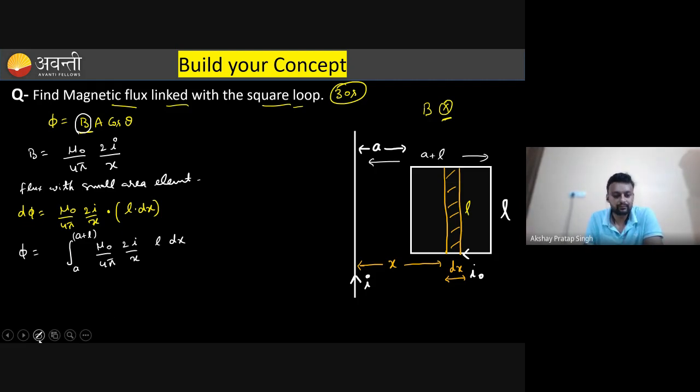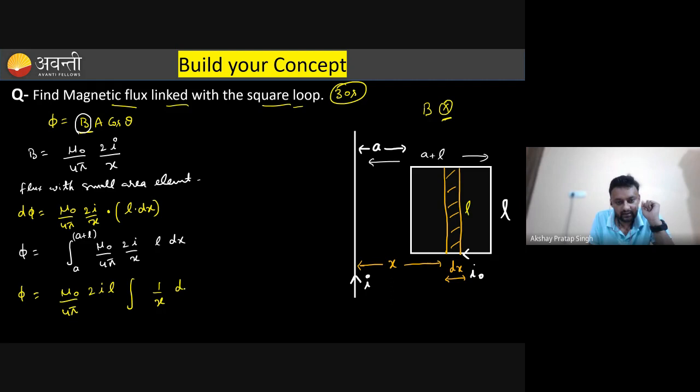Looking at the integration part, take the constants outside the integration: mu naught by 4 pi is a constant. What is its value? Another point is 2IL, which is a constant. What's remaining? 1 by x dx from A to A plus L.